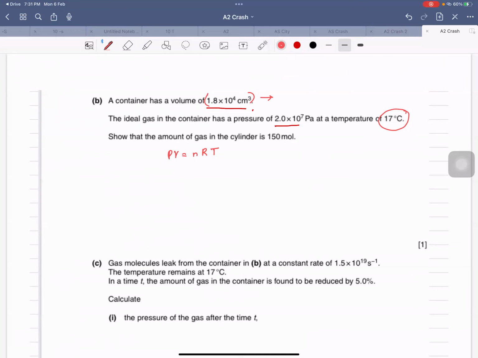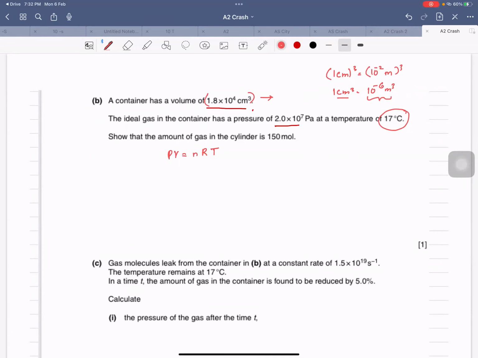Please learn this. We know that 1 centimeter is 10 raised to minus 2 meter. Everybody agrees to this? If I cube both sides, 1 centimeter cube will be 10 raised to minus 6 meter cube. So I can replace 1 centimeter cube with this value.